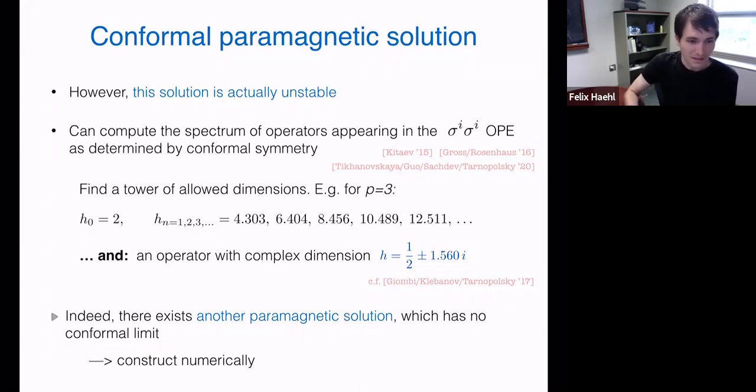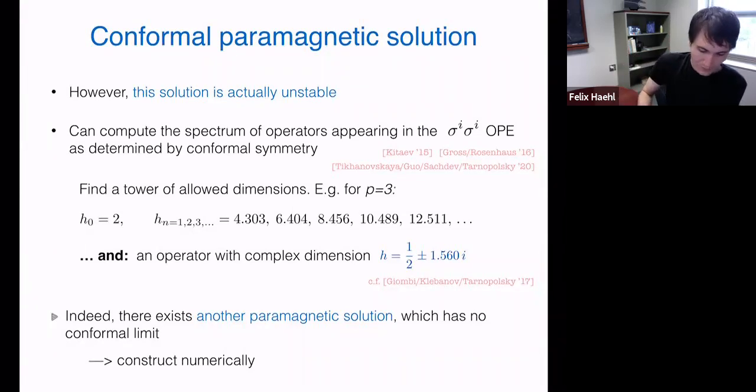And indeed, if you solve the equations numerically, you find that there's another solution. There's a physical solution to these replica symmetric equations, which is the stable one, which is also thermodynamically preferred from free energy considerations.